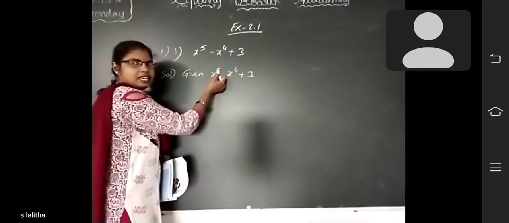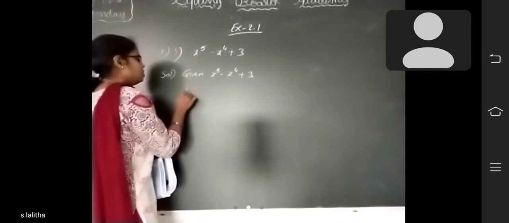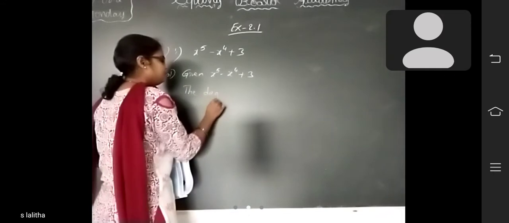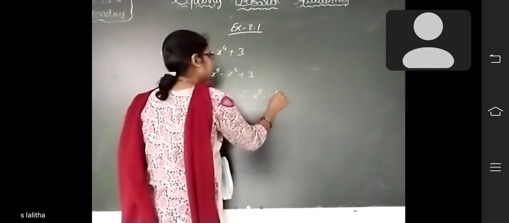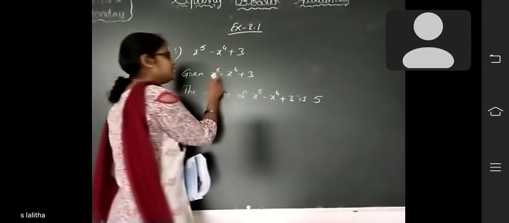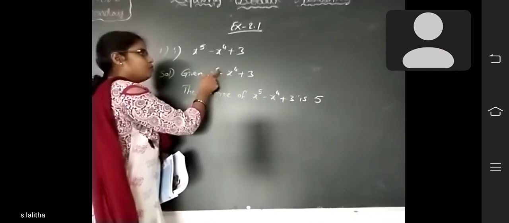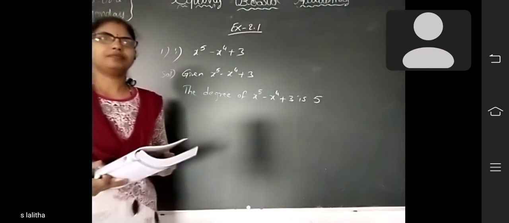Degree means power. Highest degree is 5. So the degree of x power 5 minus x power 4 plus 3 is 5. Did you understand?